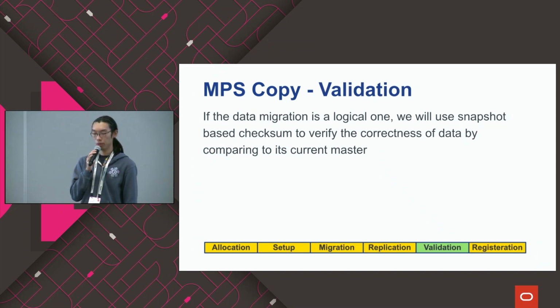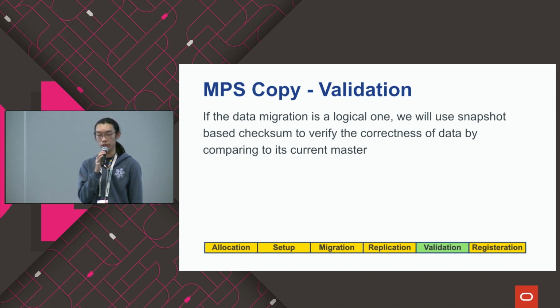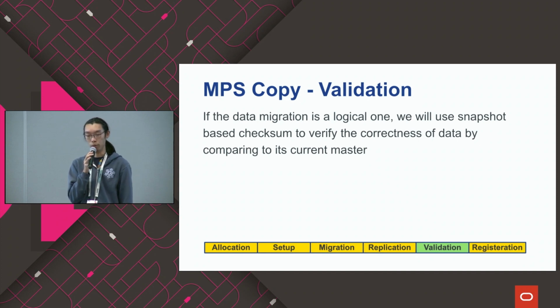So next we'll go through a data validation step to make sure the new instance that we built doesn't contain any data drift or corruption throughout the process. Because you may know that any software is vulnerable to human error or hardware corruption. So we want to make sure the new data set is consistent with what we have in the production environment.